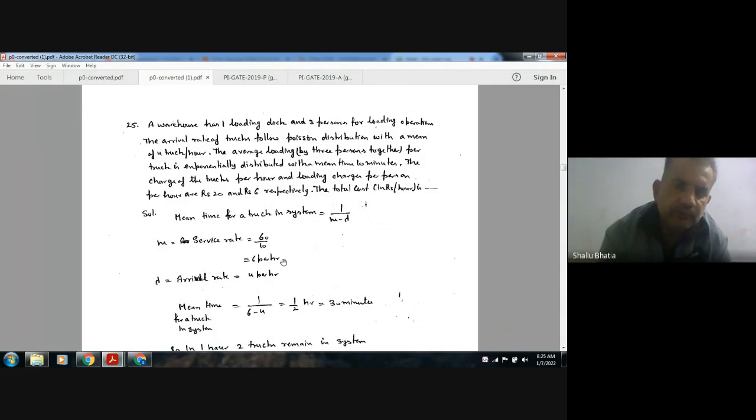So we know that the mean time for a truck in the system, or the mean time of a customer in the system, is 1 by mu minus lambda, where mu is the service rate.